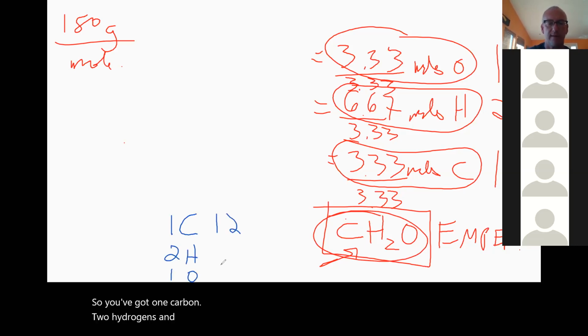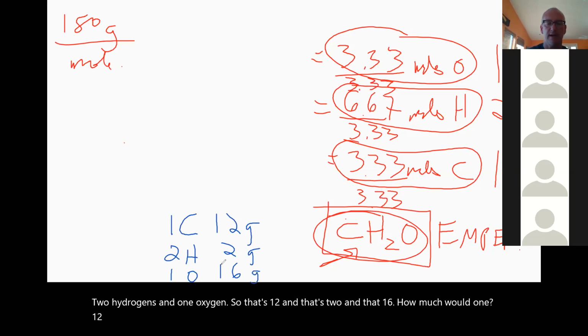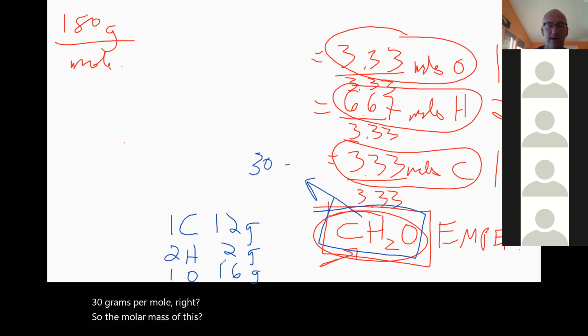So if that's 12, and that's 2, and that's 16, how much would 1 mole of that weigh? 12 grams, 2 grams, 16 grams. 30 grams. 30 grams per mole, right. So the molar mass of this is 30 grams per mole.